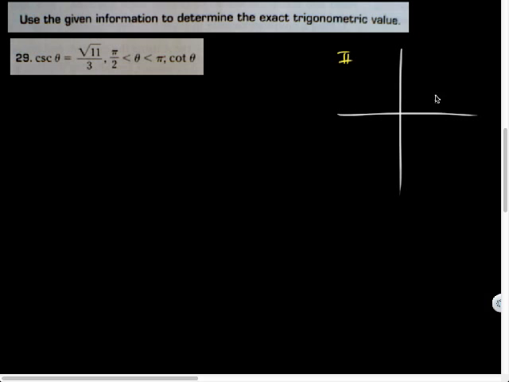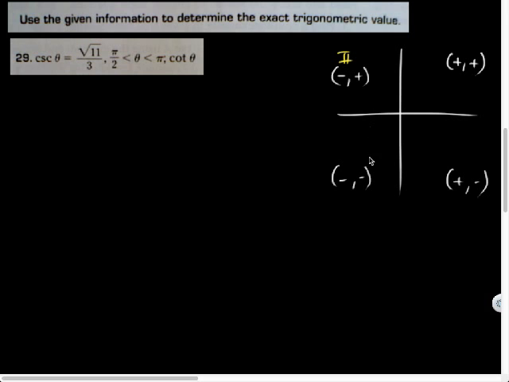In terms of sine and cosine, here cosine positive, sine positive. Here cosine negative, sine positive, for the ordered pair sort of thing. Here's negative, negative, and then here cosine is positive, sine is negative.